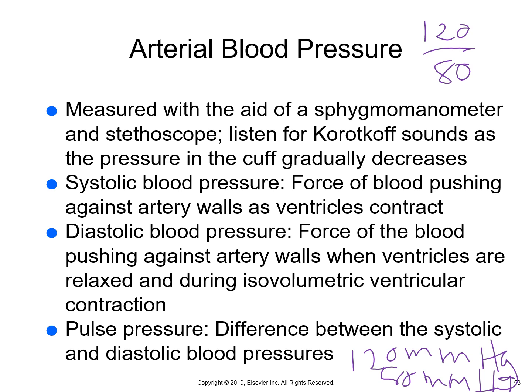When we're talking about difference, we're talking about math, subtraction. So 120 minus 80 is equal to 40. All right, and that is millimeters of mercury as well, Hg.